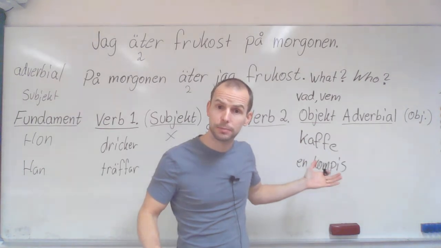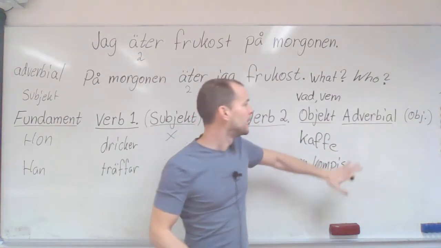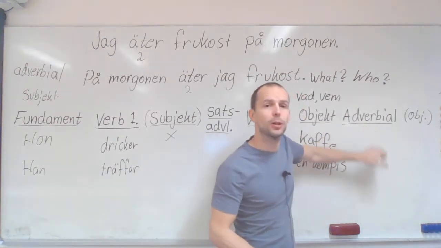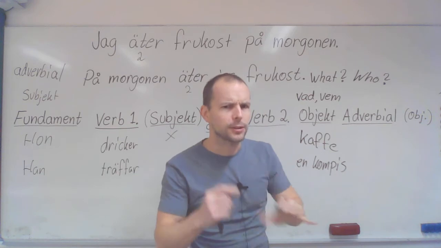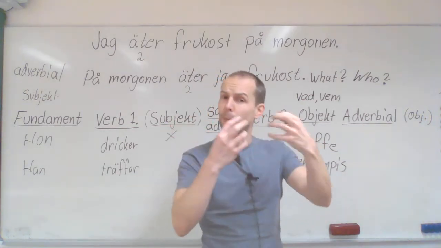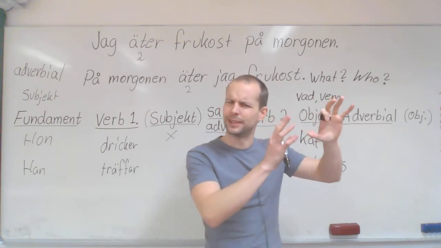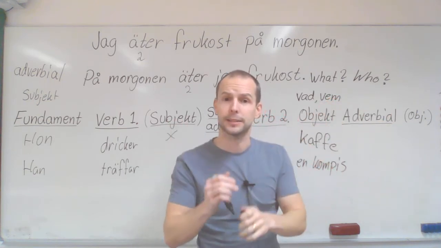A friend. En kompis. So this is object. And this place here, adverbial, the most common words we use here are words that indicate time or place, but it can also be other words. But the most common, time and place.